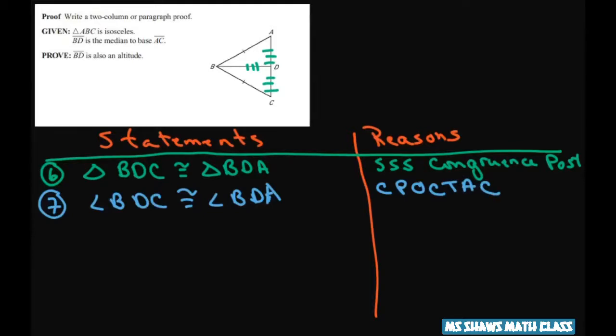We also know, because of that, we know that angle BDC and angle BDA form a linear pair. They're linear pairs.